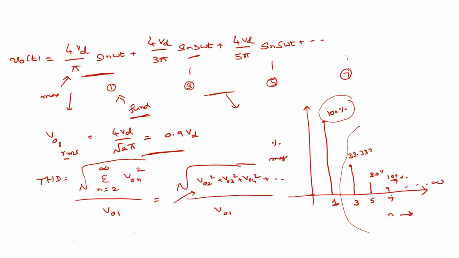This entire numerator is the root mean square value of the harmonics. V01 is the fundamental, and we have second order, third order, fourth order harmonics in the numerator, with respect to the fundamental in the denominator. So how much harmonic component is present with respect to the fundamental indicates the total harmonic distortion.